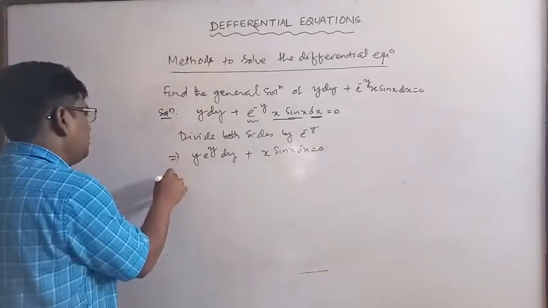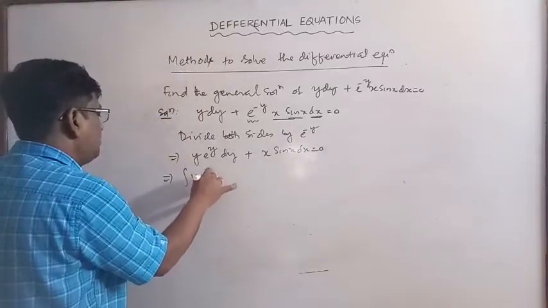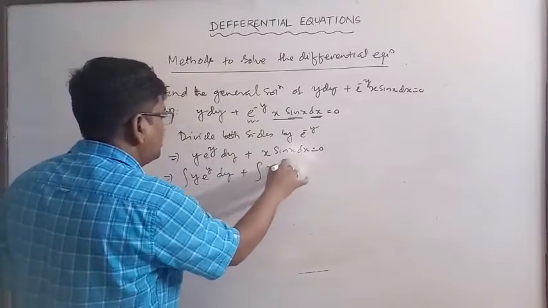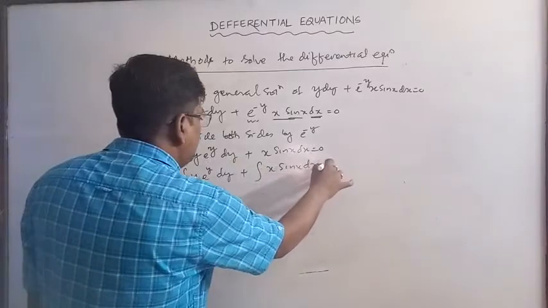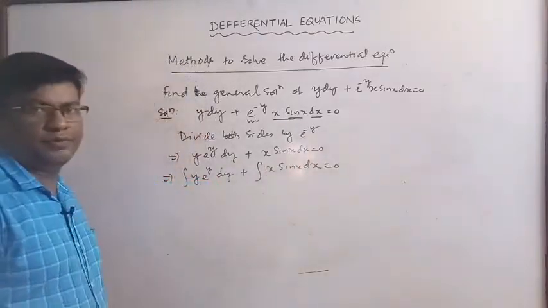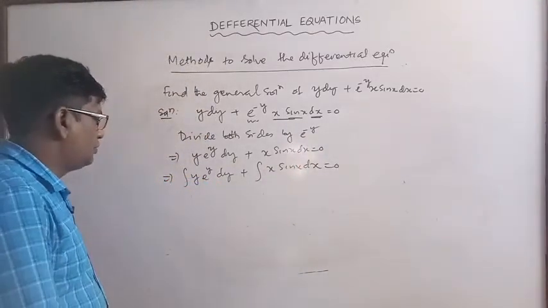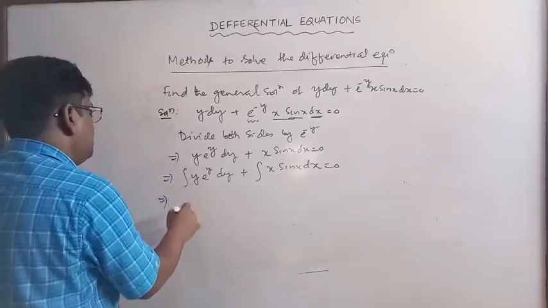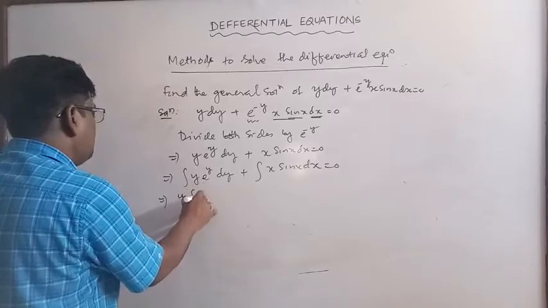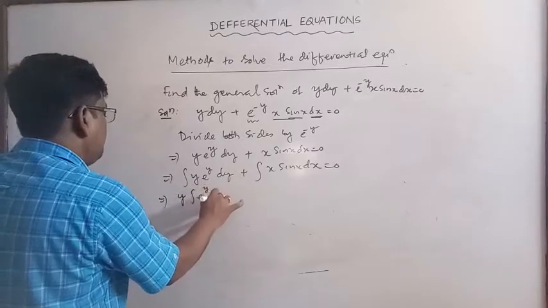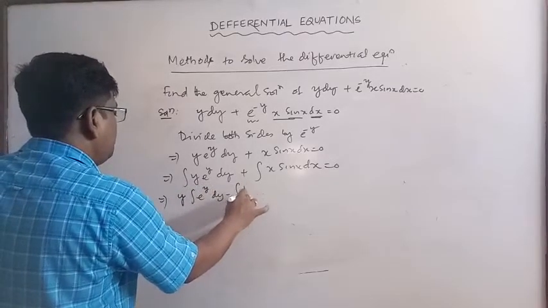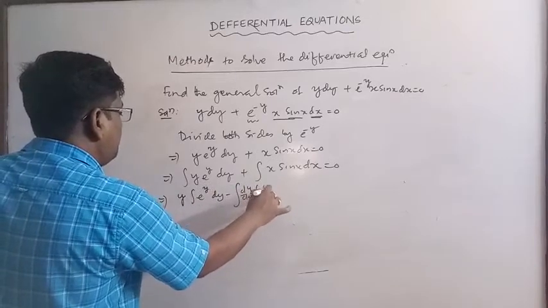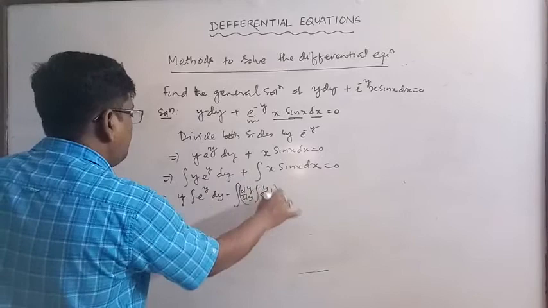Integrating both sides now: integration of y into e to the y dy plus integration of x into sin x dx is equal to 0. Okay, so let this be u and this be v. u, y into integration of e to the y dy, minus d by dy of y, integration of e to the y dy, whole dy.